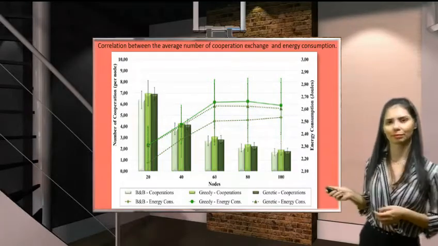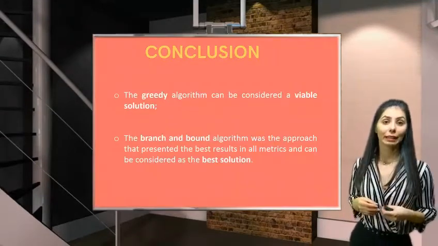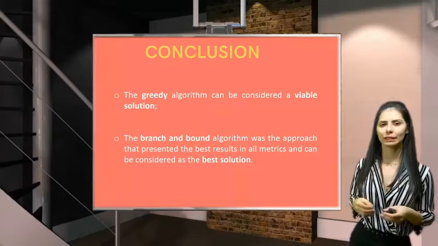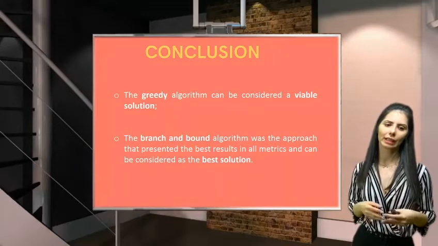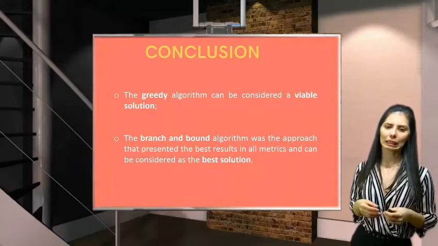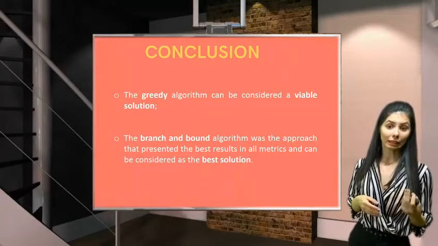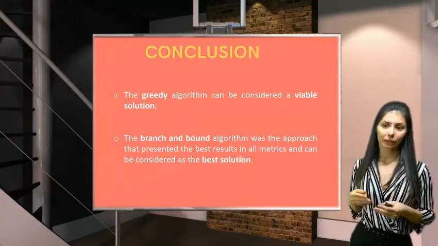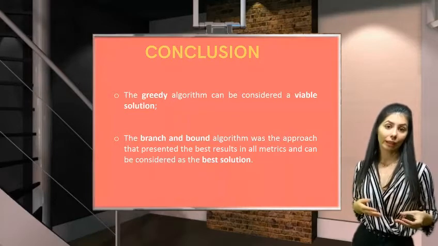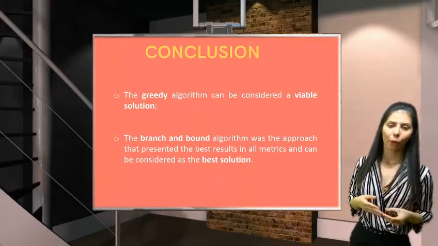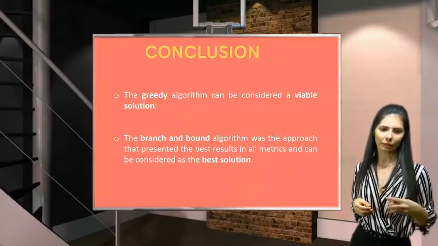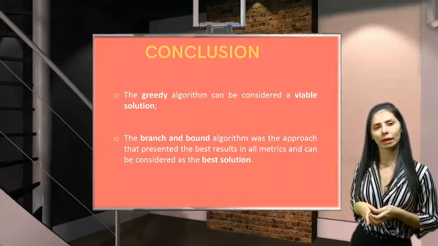As a conclusion, the greedy algorithm can be considered a viable solution, considering characteristics such as the simplicity of implementation and the extremely low execution time. Besides, the success rate was very similar to the branch and bound algorithm, and the branch and bound algorithm was the approach that presented the best results in all metrics and can be considered the best solution.